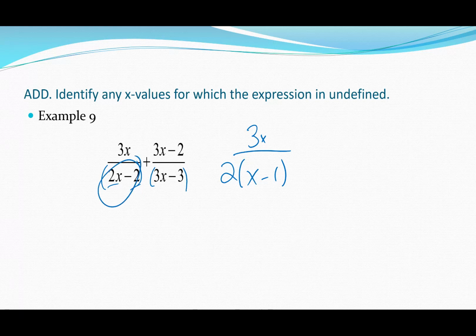So this factors into 2 times x minus 1. My other denominator, the numerator here, 3x minus 2, doesn't factor, so it's going to stay the same for now. The 3x minus 3 has a GCF of 3 in it as well, so I can factor that 3 out. And when I factor 3 out, that leaves me with x minus 1.